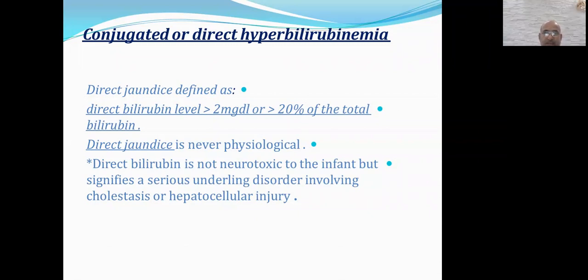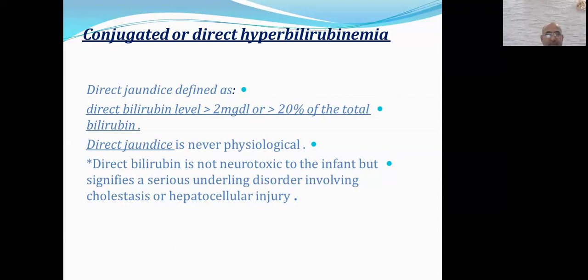direct hyperbilirubinemia. So I take a lower level of the bilirubin in comparison to the high level of the indirect. So the example in front of you, 2 milligram per deciliter or more than 20% of the total bilirubin is direct. This is considered direct hyperbilirubinemia.